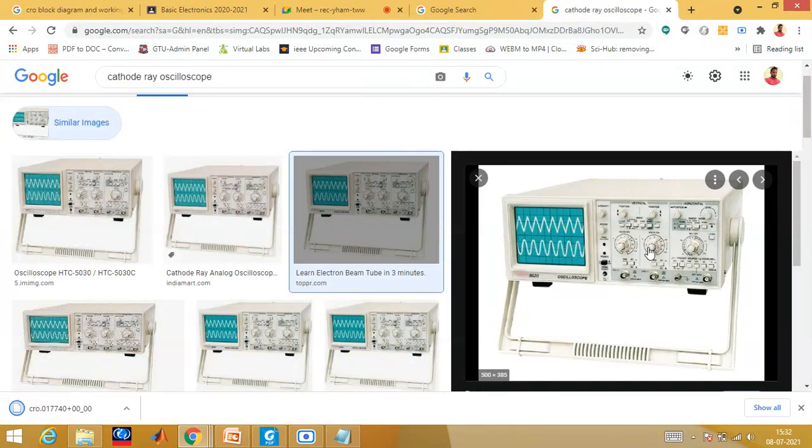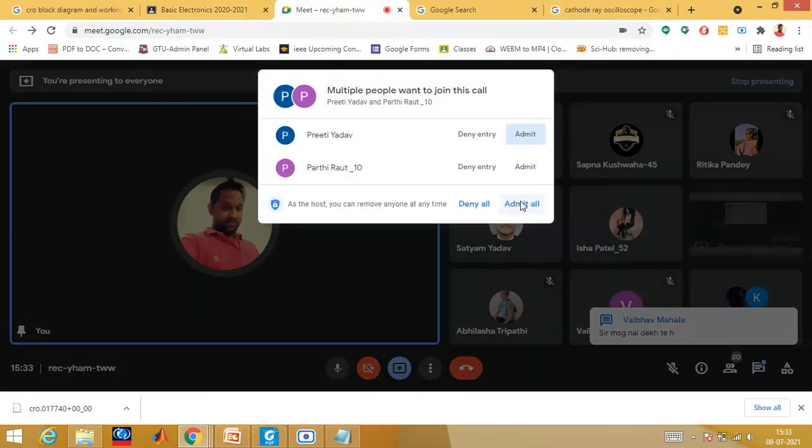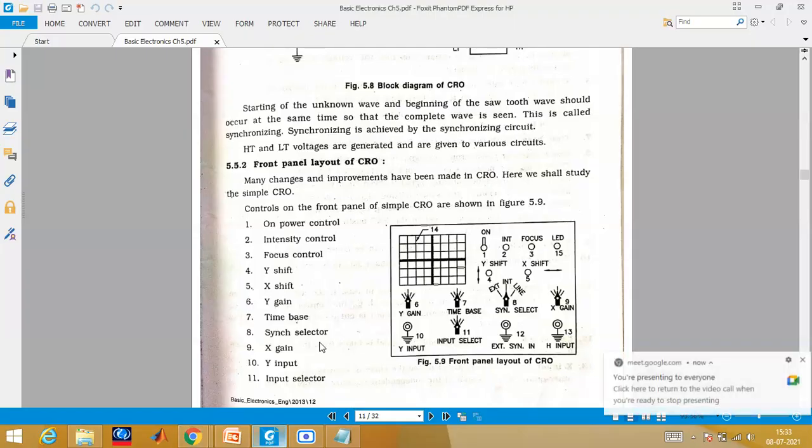Now, if you see this screen, this is like your graph paper where you will have the two axes, x-axis and y-axis, which I am trying to show you in your PPT and PDF also. You can see the screen with the x-axis and y-axis.